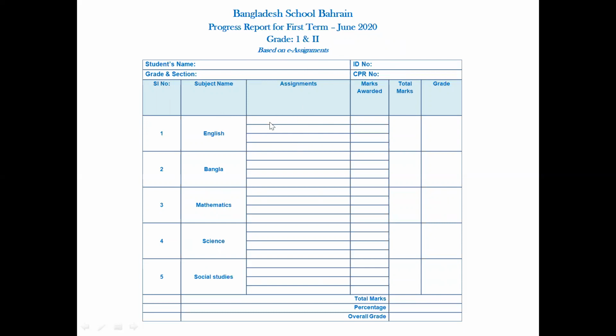So the class teacher has to copy from the column headings of the previous sheet which we discussed. You have to mention the whole assignment name here and the marks assigned for each assignment for that particular student, the total marks and the grade, for each subject.